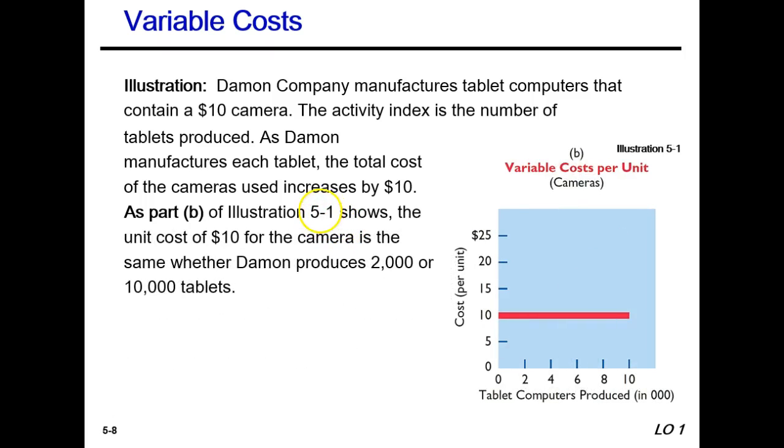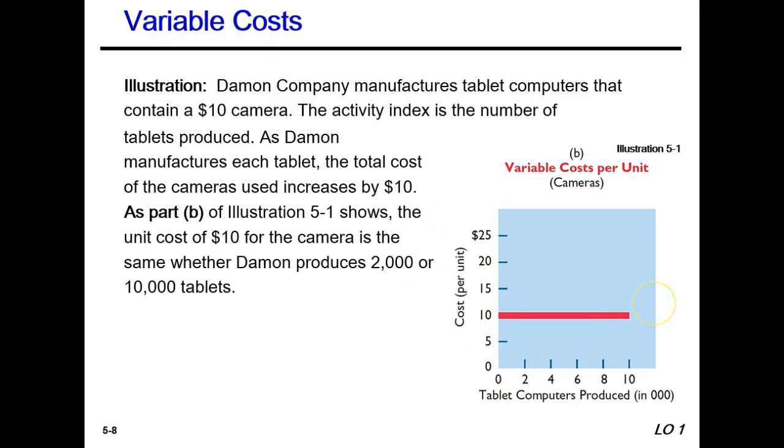Now, here's one. Damon Company manufactures tablet computers that contain a camera costing $10. The activity index is the number of tablets produced. As Damon manufactures each tablet, the total cost of the cameras used increases by $10.